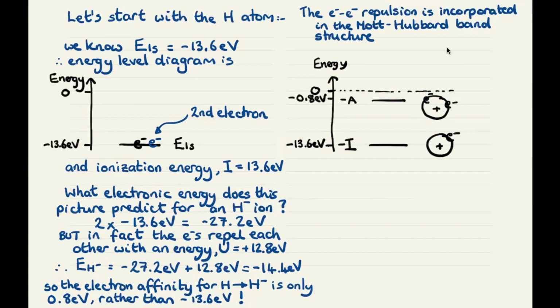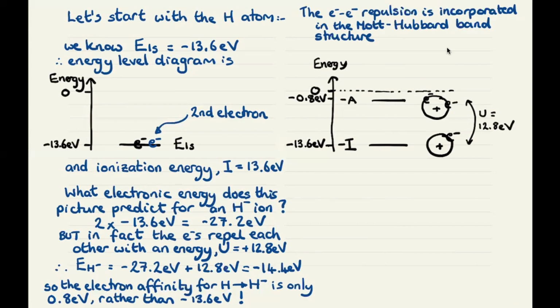So the second electron will occupy, in this band diagram, the second energy level, the one that's at minus A electron volts of energy. And the energy difference between these two is the Coulomb repulsion, this 12.8 electron volts, which is the electron-electron Coulomb repulsion.